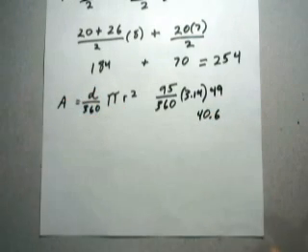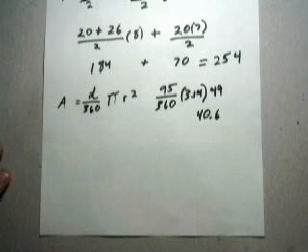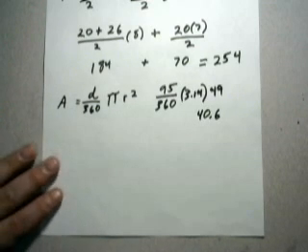So that is the area of that sector in that circle, created by a 95-degree central angle and a 7-unit radius.